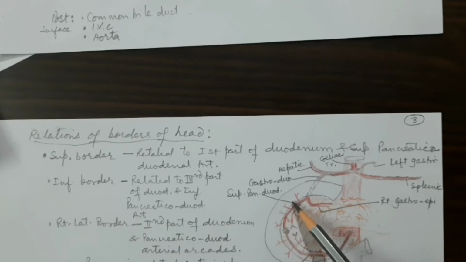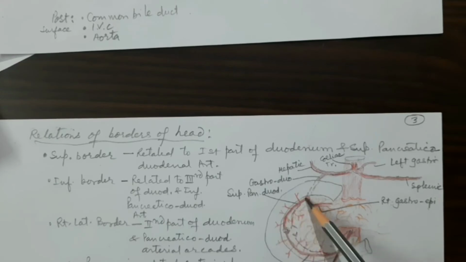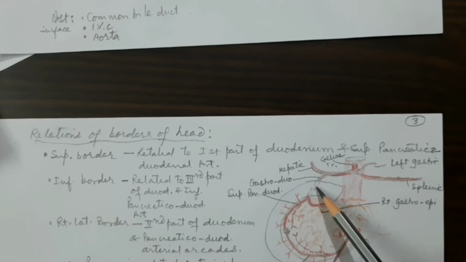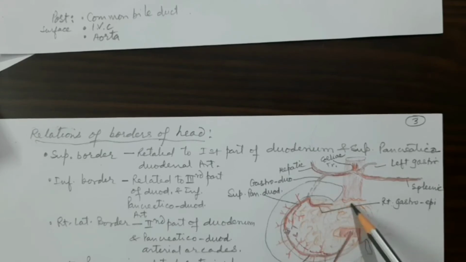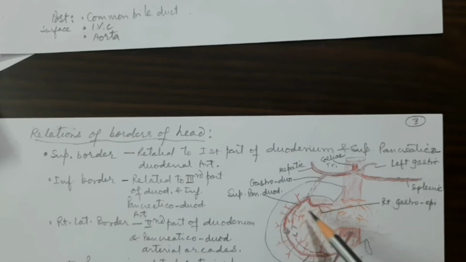Why is it called that? Because it lies between the pancreas and the duodenum and supplies blood to the pancreas as well as to the duodenum. Hence it is called the superior pancreatico-duodenal artery, which is a branch of the gastroduodenal. The gastro part goes as the right gastroepiploic, to the greater curvature of the stomach.